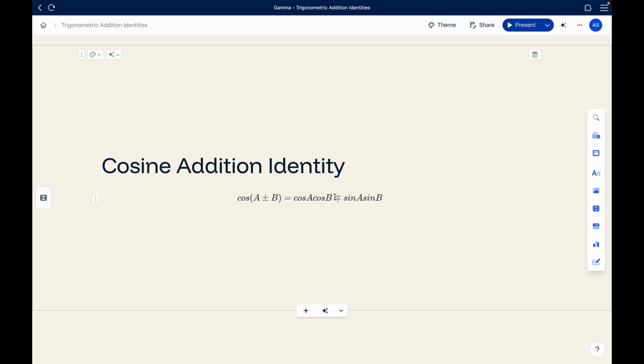So whatever happens, the two signs will be opposite. So it can't be cosine of A plus B equals cosine A cosine B plus sine A sine B. It has to be cosine of A plus B equals cosine A cosine B minus sine A sine B.